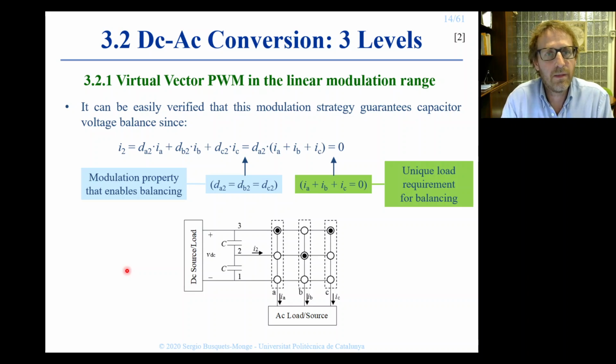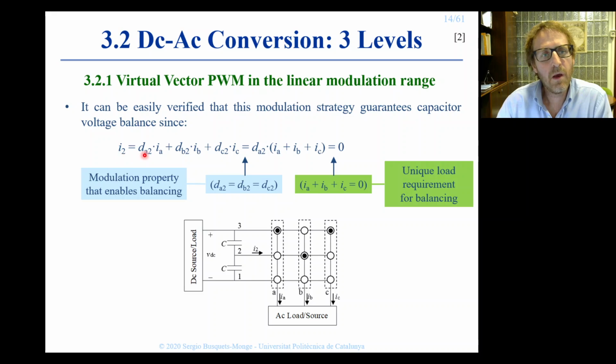Once we know that the modulation strategy can be defined with these simple duty ratio waveforms, we can quickly and simply verify that the modulation strategy guarantees capacitor voltage balance. We can do this by simply computing the neutral point current from the value of these leg duty ratios.